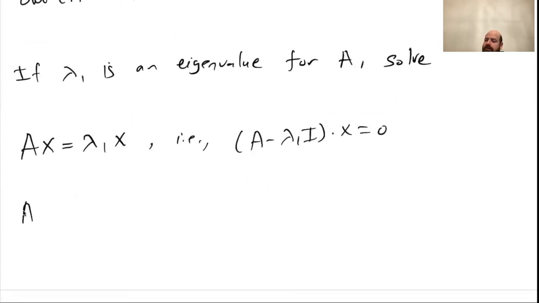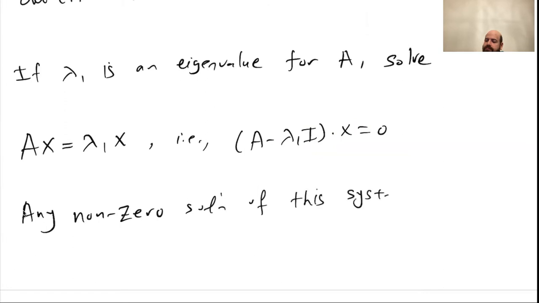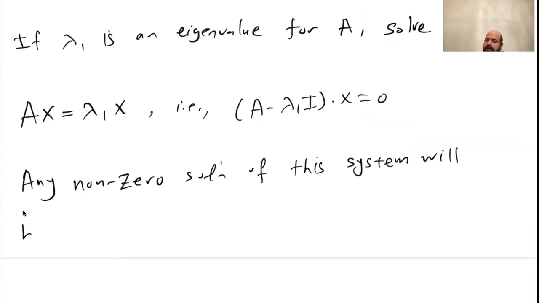So any non-zero solution of this system will be an eigenvector for A.